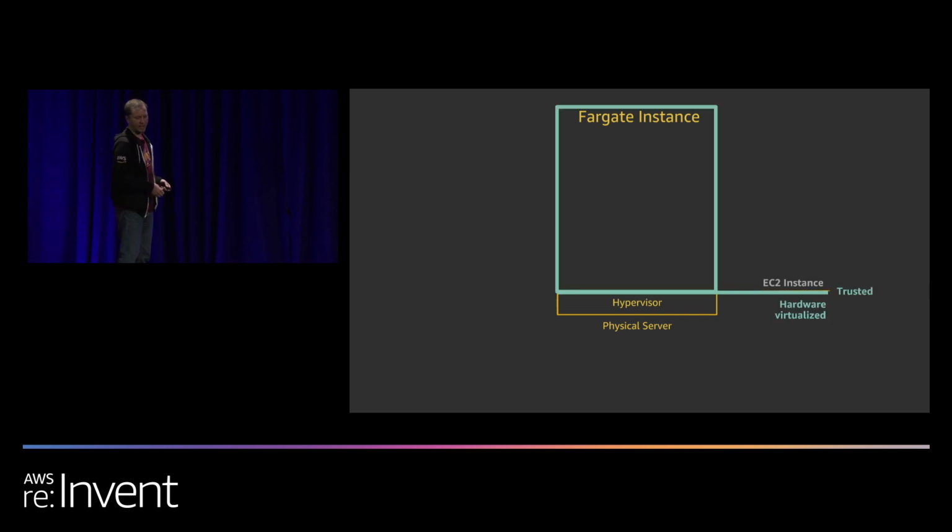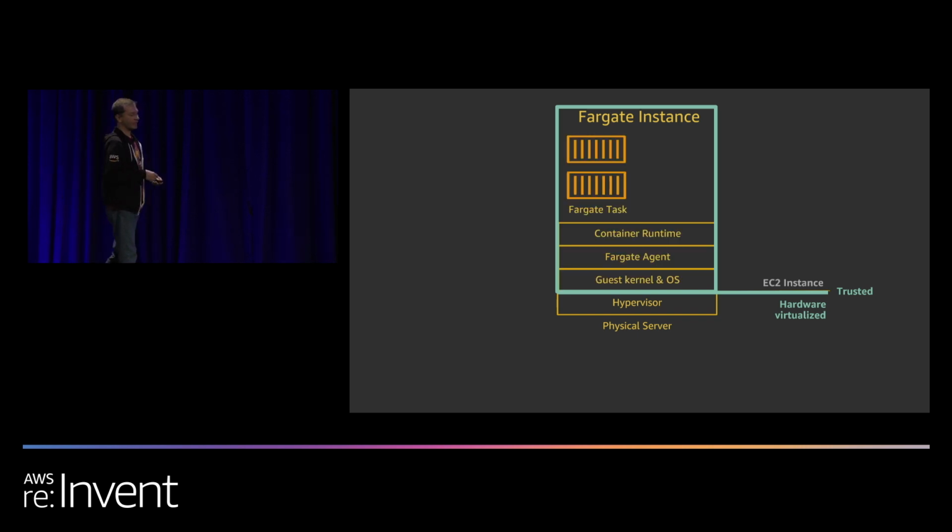At the bottom of the stack, we have the physical server and hypervisor. The EC2 hypervisor ensures that instances running on the same physical server are isolated from each other using trusted hardware virtualization. Moving up, within our EC2 instance, we run our guest OS, that's Amazon Linux 2, our Fargate agent, and container runtime.